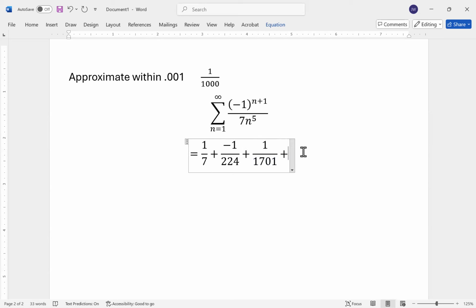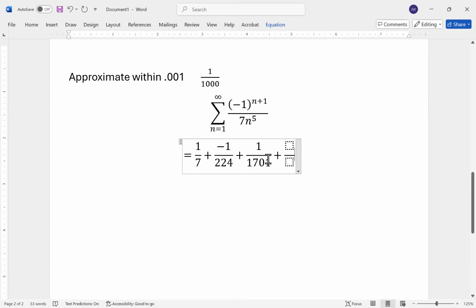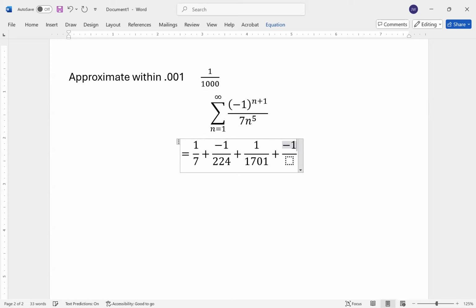Now, if we want, we can stop there because 1/1701 is a smaller fraction than 1/1000, which is what I want to approximate within. I'm going to keep going just for the sake of writing a few terms, but again, we could stop right there if we wanted to.